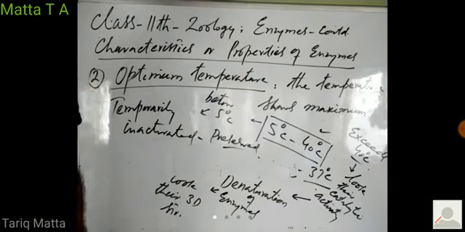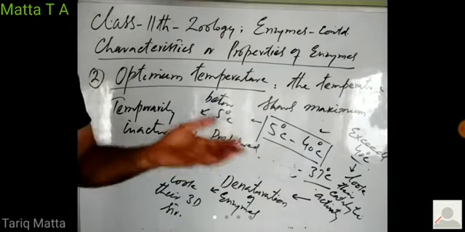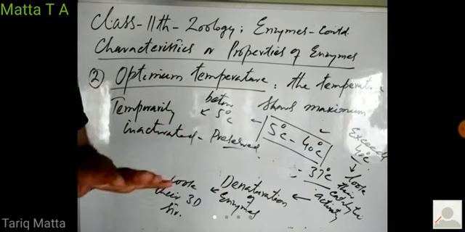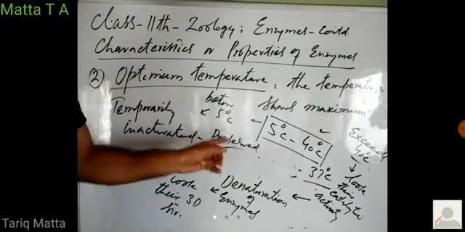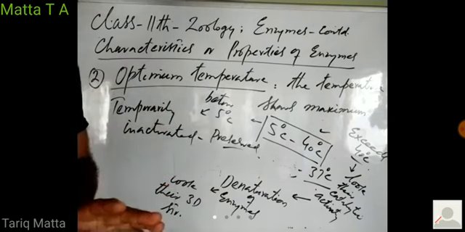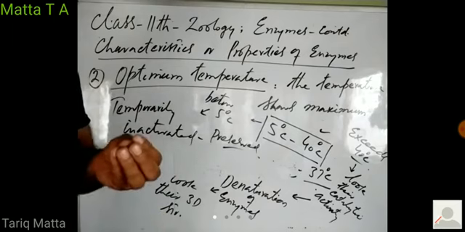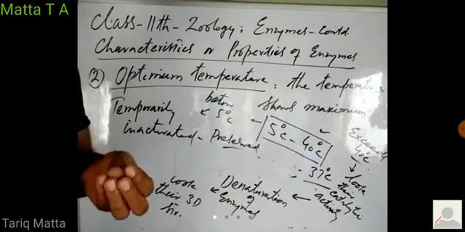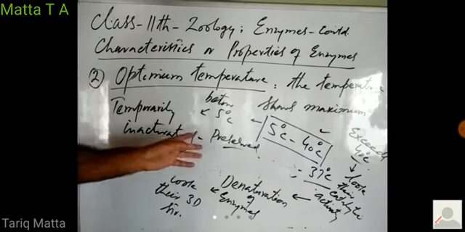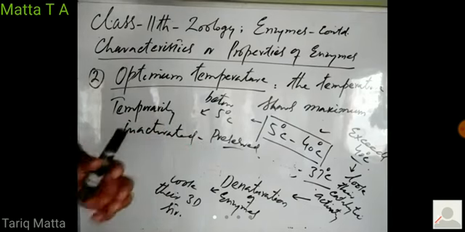We keep food which is meant to be stored in the refrigerator. In the refrigerator, there is low temperature. So low temperature temporarily inactivates the enzymes. If bacteria are present in the food, they would have secreted their enzymes, but those enzymes will not work because of low temperature, right? So the food does not get spoiled.